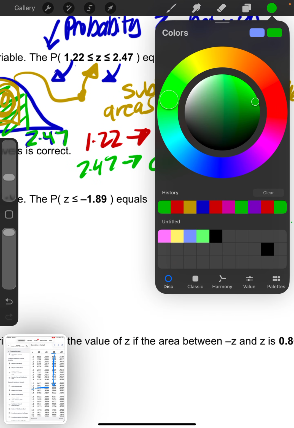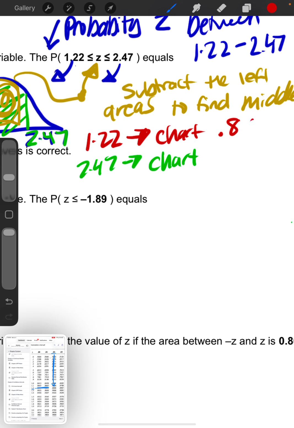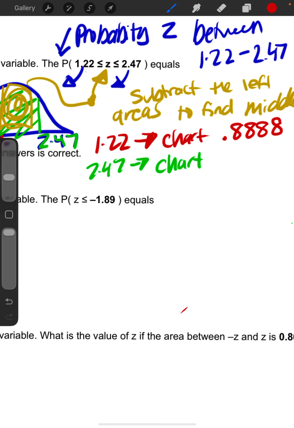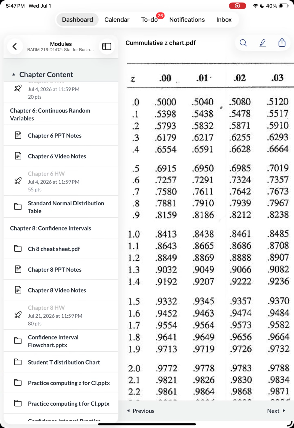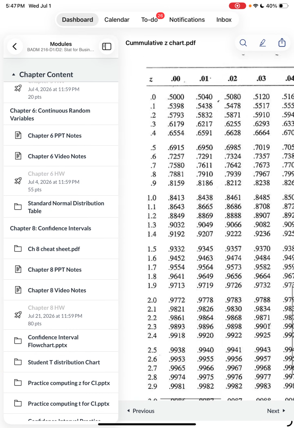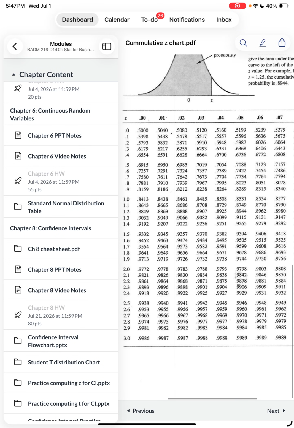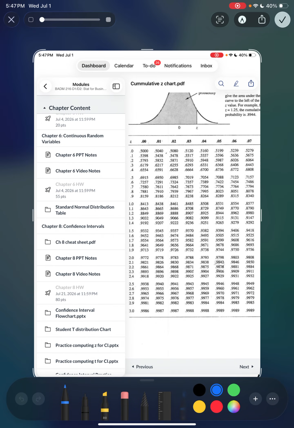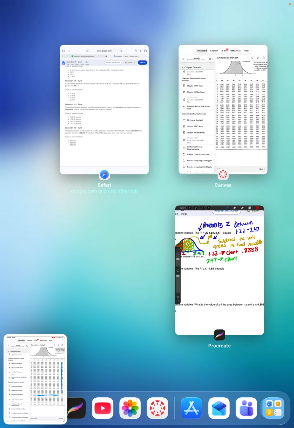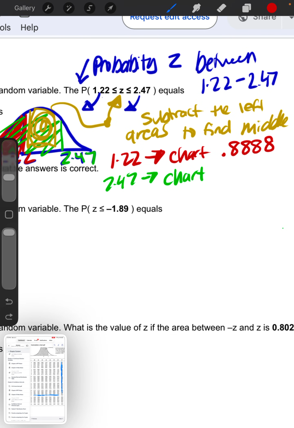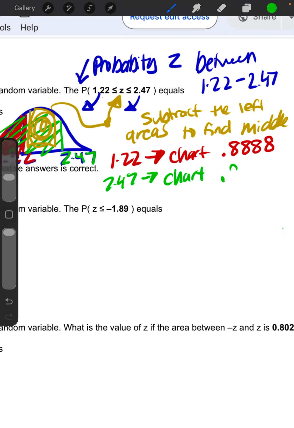So I have 0.8888. And then the green one is 2.47, so I'm going to go to 2.47. That's 0.9932.